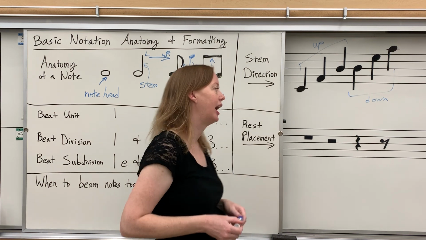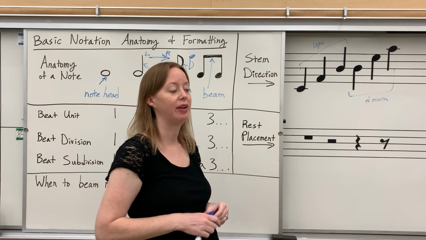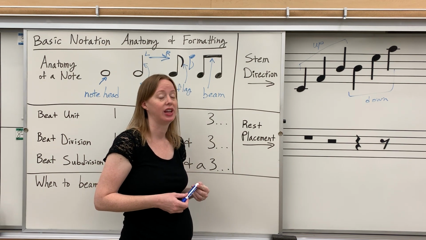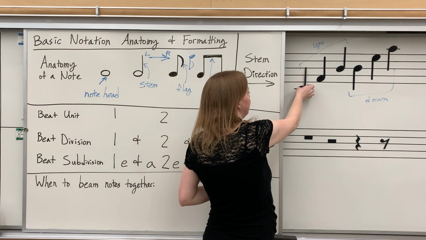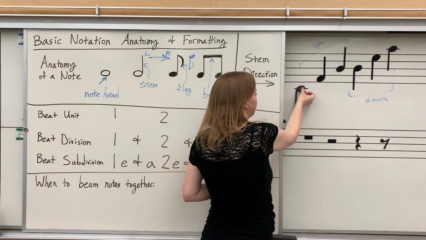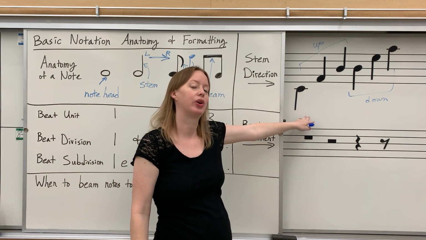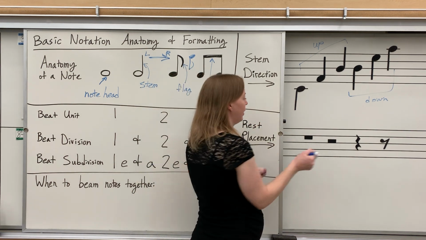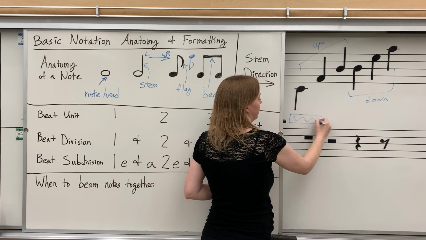Now the reason for that is we want to save paper. Imagine back in the day when they were making paper out of tree pulp, and it took a lot of money, and they were trying to write music down. Well, if you took this quarter note and you turned it this way, then the next line of staffing or the next set of text for lyrics would have to fit way down here in this space, right?